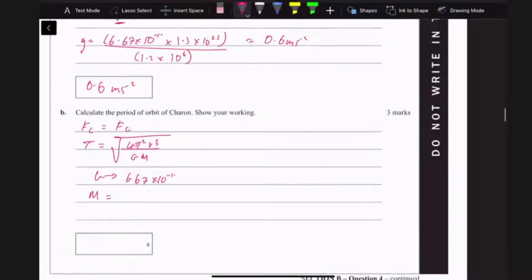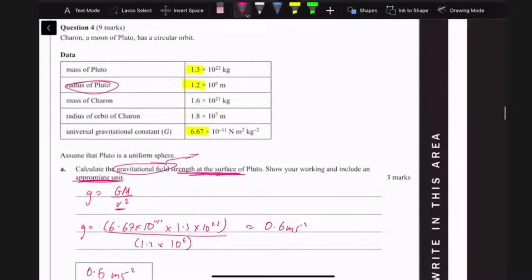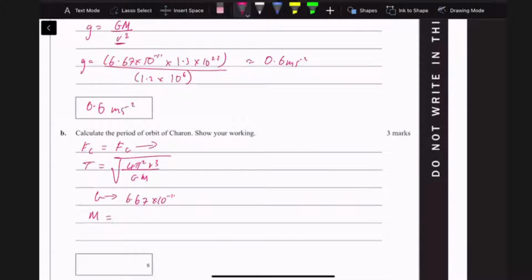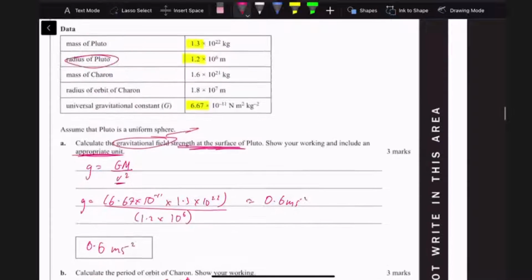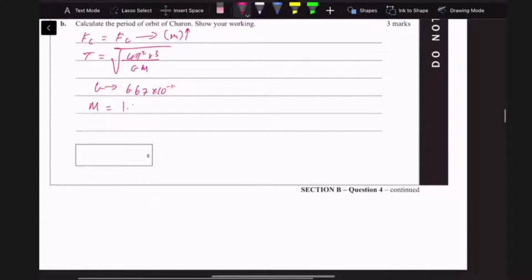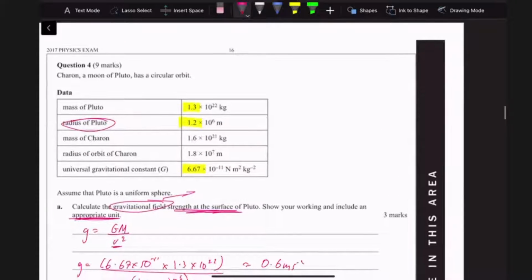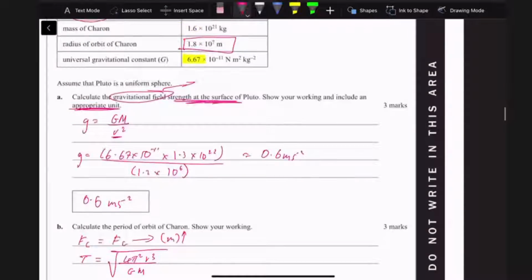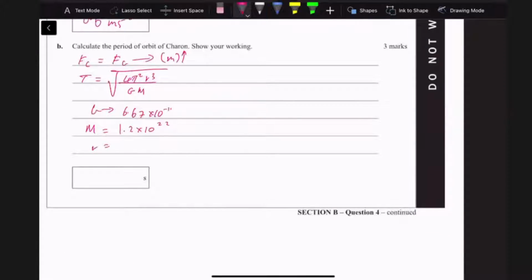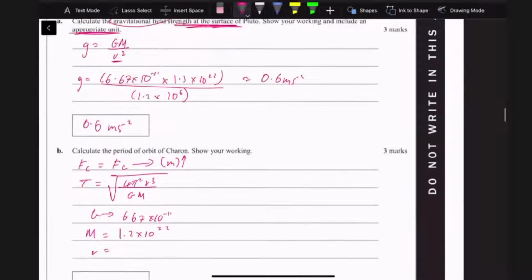M is still the mass of the planet, because when you equate these two things, the mass of Charon will actually cancel out. So always make sure you're using the right mass. So it's still 1.2 times 10 to the 22, and R is the radius of orbit. So it's this one. It's no longer the radius of Pluto. And they didn't state that this wasn't measured from the center of the Pluto. So we can assume that it already has the radius in addition to it.